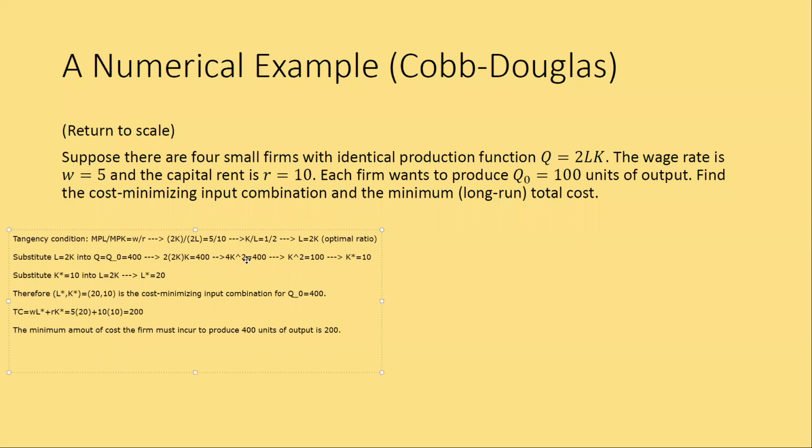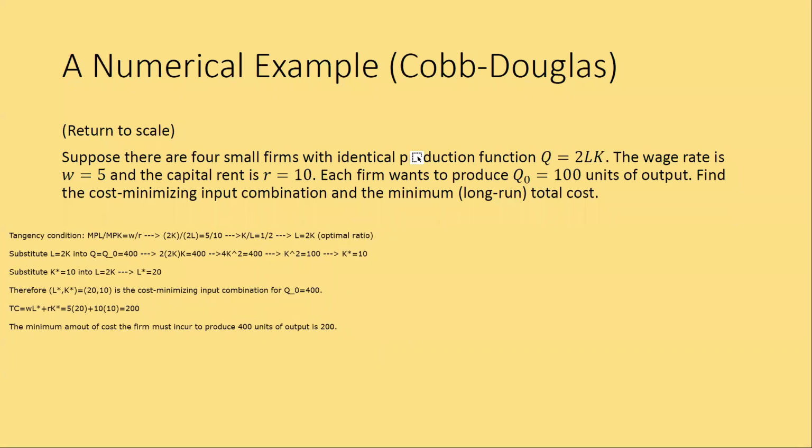So what is this new problem asking? All right, I'm going to solve this new problem on the right. And you can probably see this is regarding returns to scale.